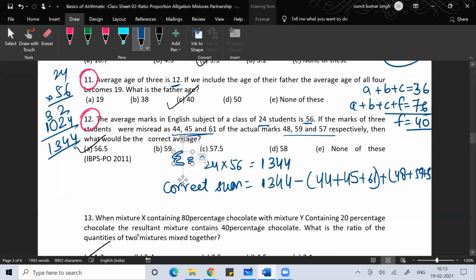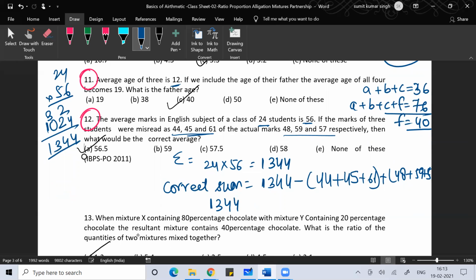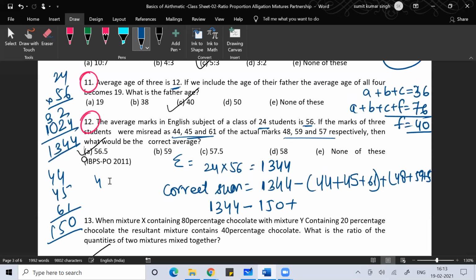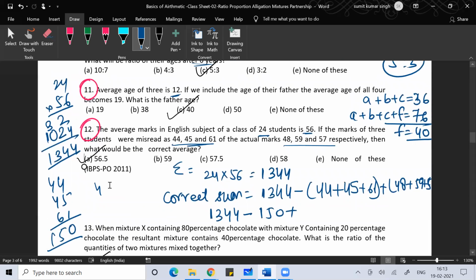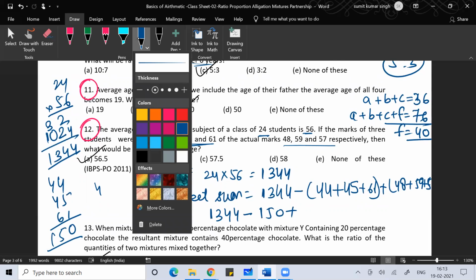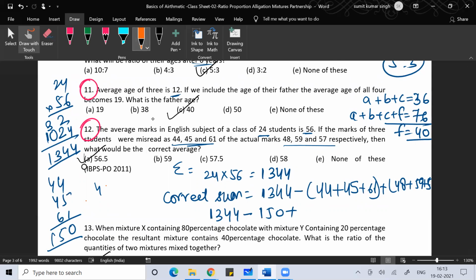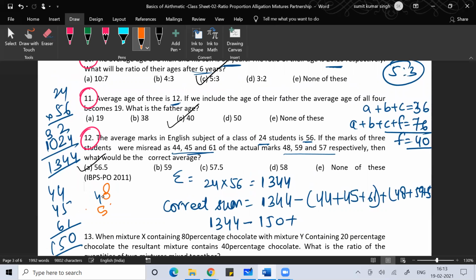So the correct sum is 1344 minus 44, 45, 61. So 10, 1 carry, 8 plus 6, 14, 15, 150. Plus this is 48, plus 9, plus 57.